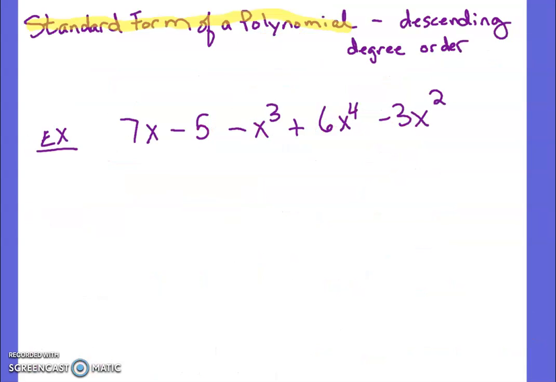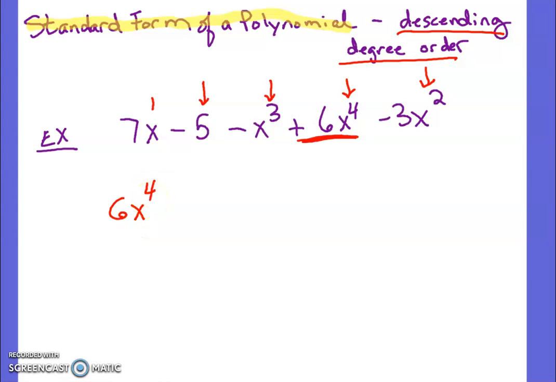So a standard form of a polynomial is I want you to write it in descending degree order. So notice this degree is 1. Remember, numbers have degree 0. This is degree 3. This is degree 4. This is degree 2. And we're basically going to number it from the highest to the lowest. So this would be the highest one. So you're just going to rewrite it.